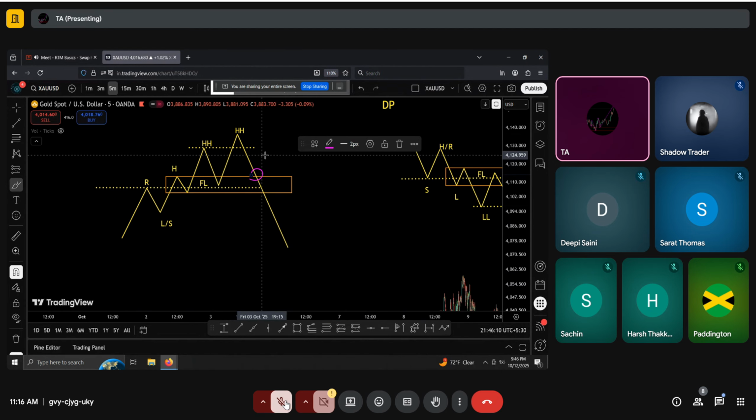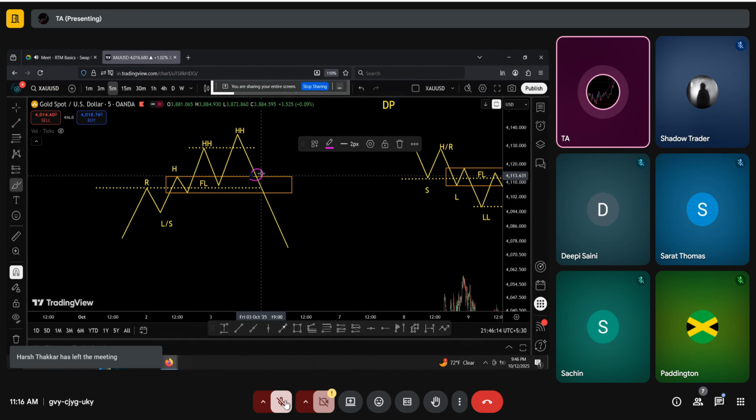You understand? If you go to a lower time frame, you will find some pullback here. You may find some pullback here, right or wrong? Yes, you can find some pullback here and you can find some pullback here. Maybe they will be very small.